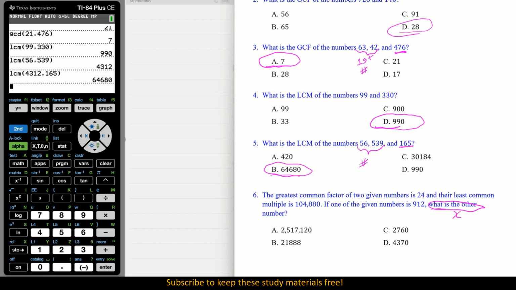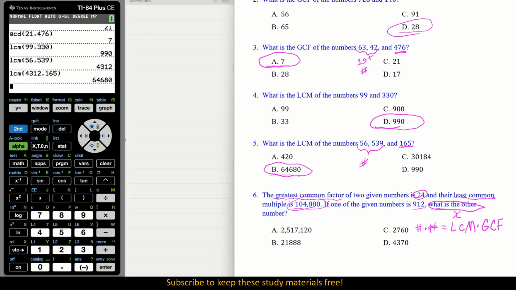And what we do know is that when we multiply the greatest common factor with the least common multiple, which are these two values given, then that's going to equal our two given values multiplied together. So the first number times the second number is equal to the LCM times your GCF.